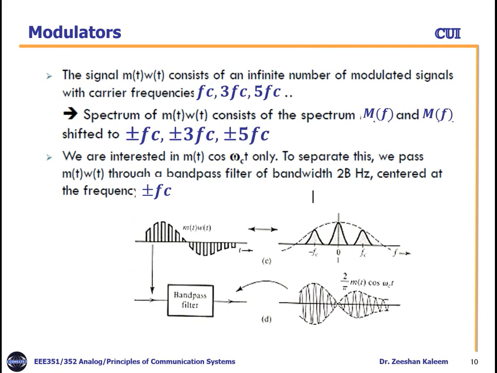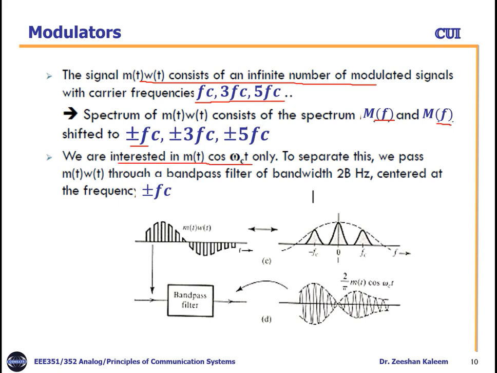The signal m(t)w(t) consists of an infinite number of modulated signals, as we have discussed in the last slide: fc, 3fc, 5fc, there can be n number of modulated frequency signals. So the spectrum of m(t)w(t) consists of the spectrum M(f) and M(f) shifted to plus or minus fc, 3fc, and so on. But we are interested only in m(t) cos ωct.